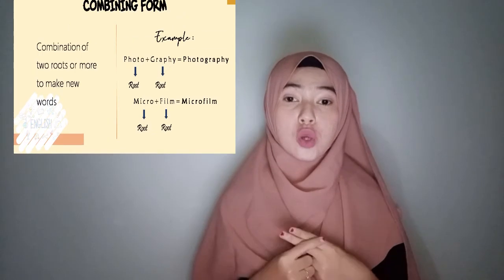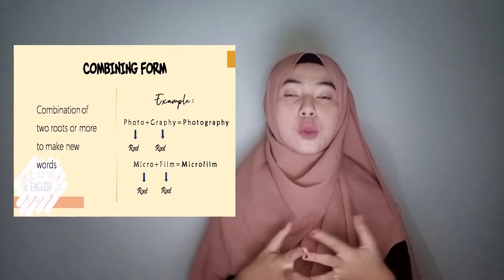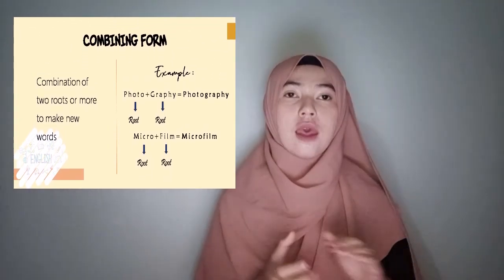Okay, next, combining form. A combining form is a form of word that only appears as part of another word. There are a number of kinds of combining forms, each classified by what kind of word results when the form is used. A combining form is a combination of two roots or more to make new words.